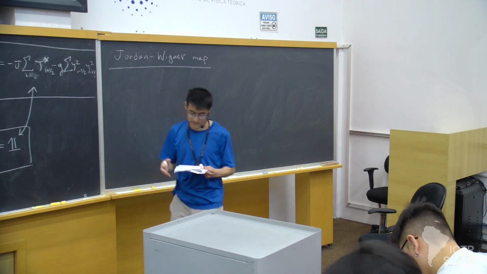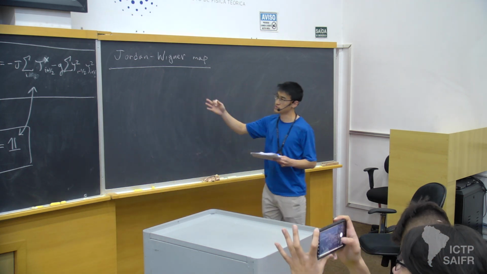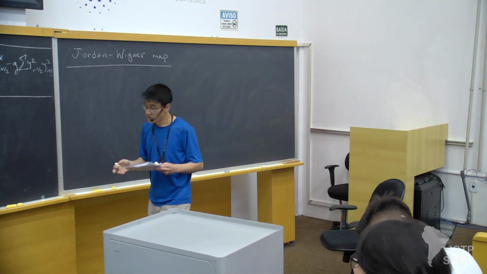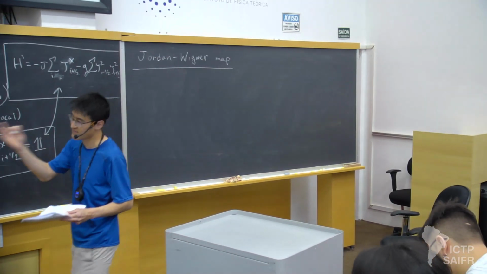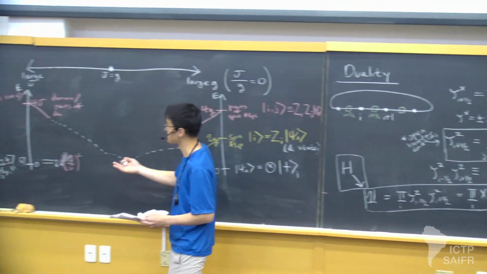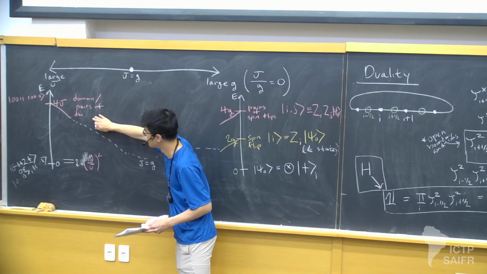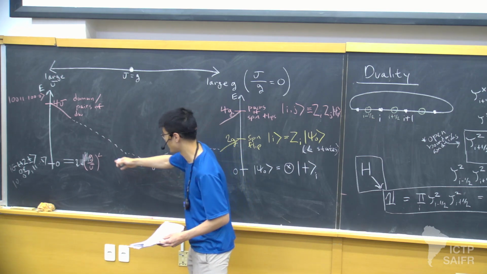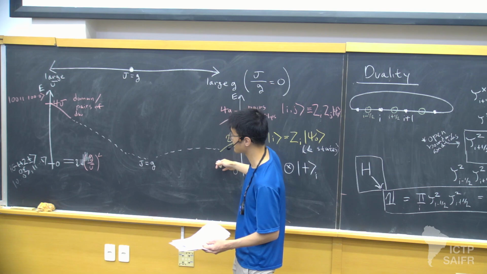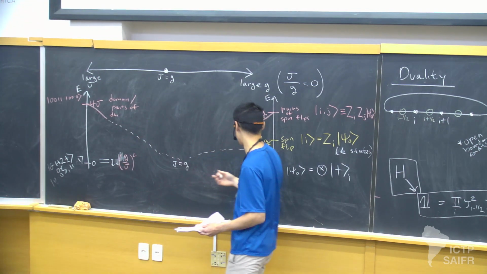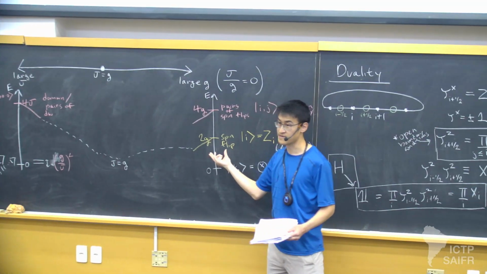Let me try to motivate why we want to change to the set of variables that we will change to now. To solve the model completely, we want to be able to describe both types of excitations, on the ferromagnetic side and on the paramagnetic side. So again, these are domain wall excitations, and these are spin flip excitations.